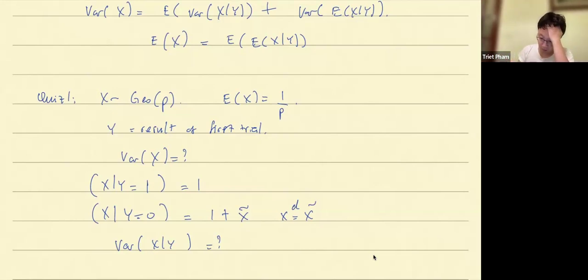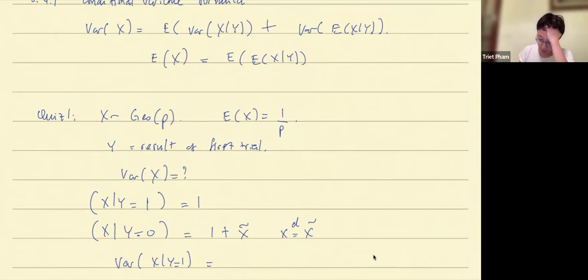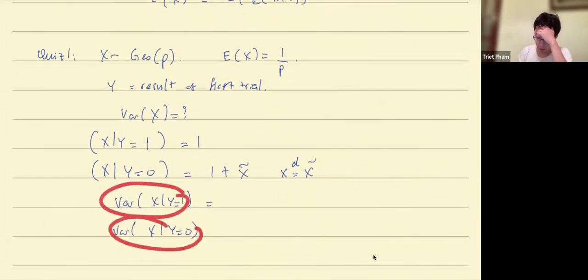Here, if you remember, the operation is going to work on the X. But there are 2 scenarios, whether Y equals 1 or Y equals 0. So here we should also separate out the scenarios. It's going to be clearer now because we have to be a little more careful with our analysis. Conditional expectation and conditional variance are random variables, meaning that they will take values with some probabilities.